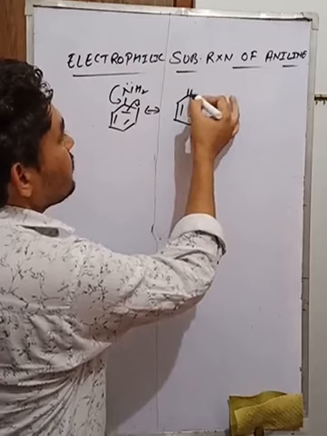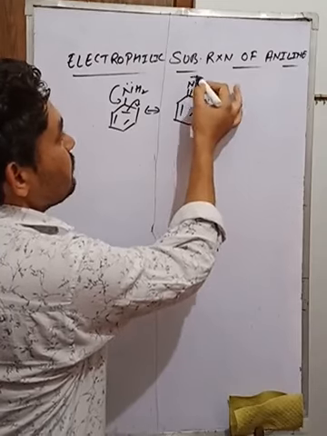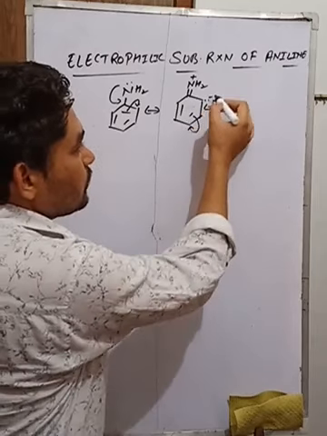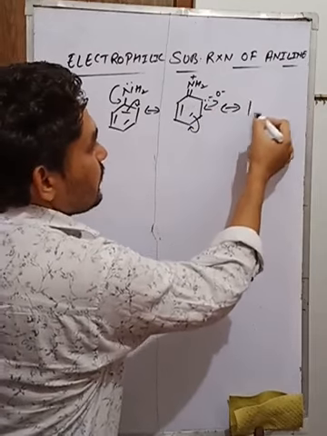In the 5 resonating structures, you know very well, there is electron density on the ortho as well as the para position.